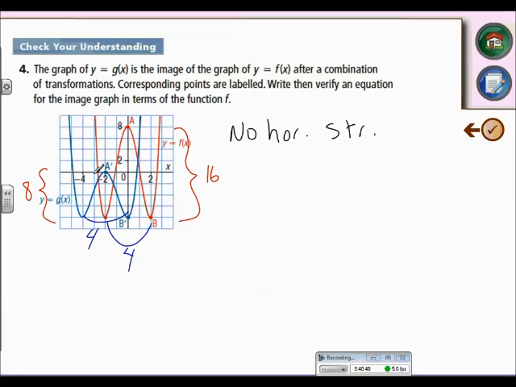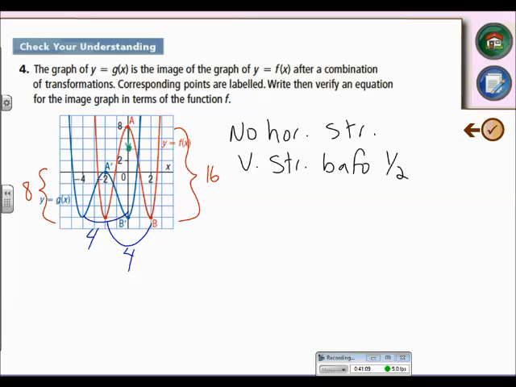That means we must have had a vertical stretch by a factor of 1/2. We're half the height. So let's take point A. Point A is 8 above the x-axis, half of the distance would only be 4. So we would be moving that point down to here after that vertical stretch.